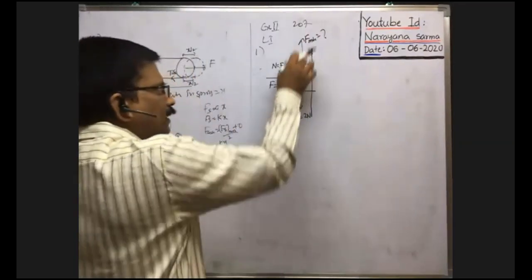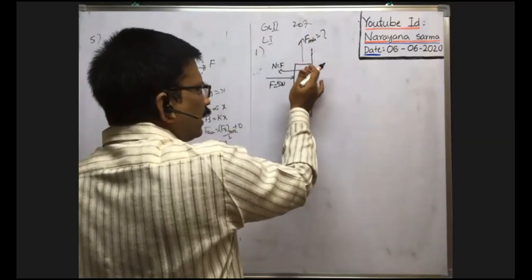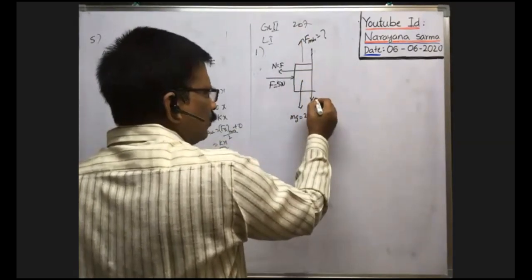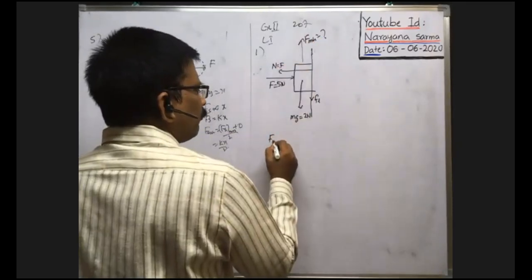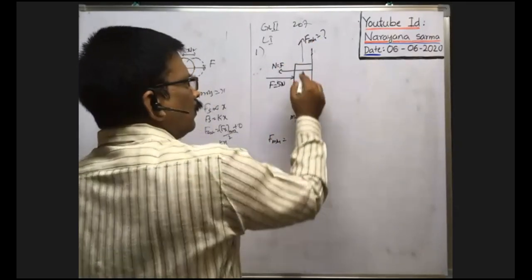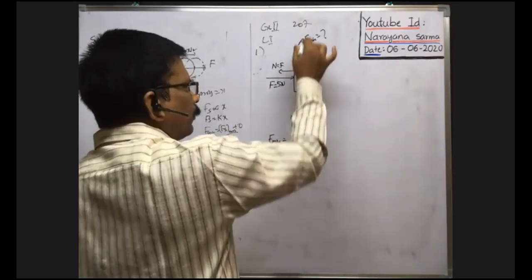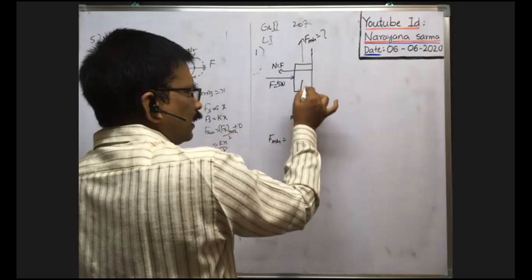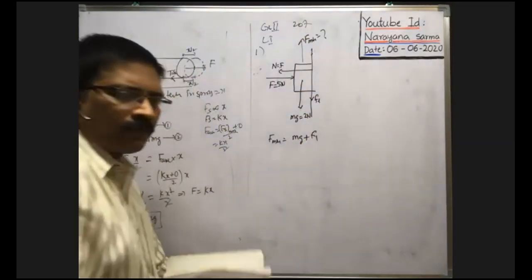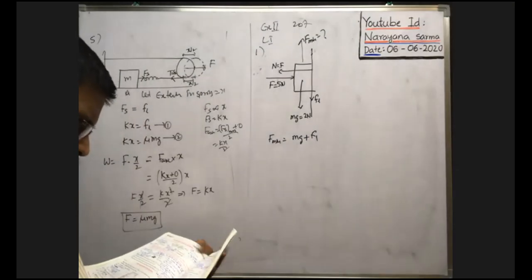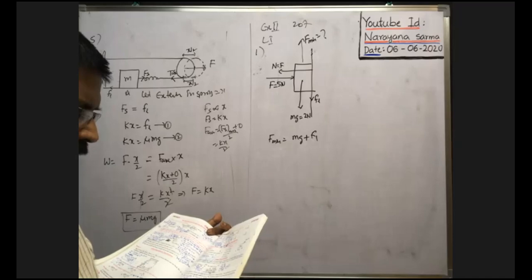To move the eraser upwards, whenever the eraser is moving upwards, the friction between the eraser and the board acts in the downward direction. So for the eraser to move upwards, the minimum force is equal to the sum of the forces acting on the eraser downwards. That is mg plus fL. Okay. So how much force parallel to the blackboard is required to slide the eraser upwards?